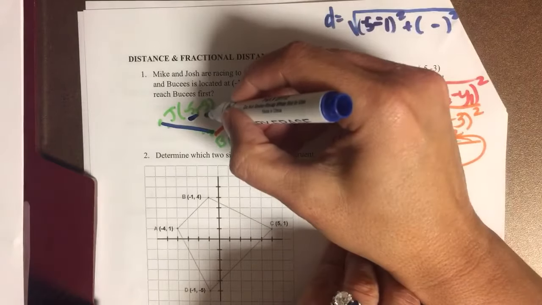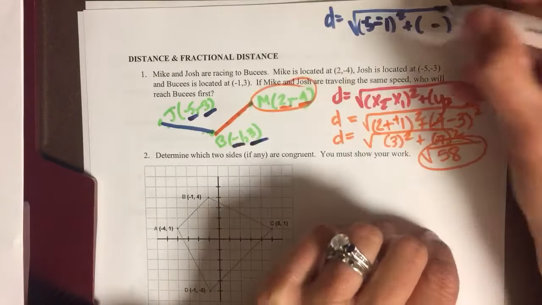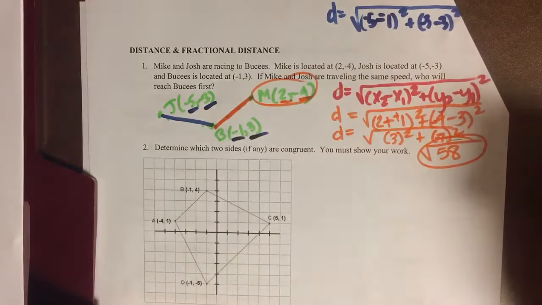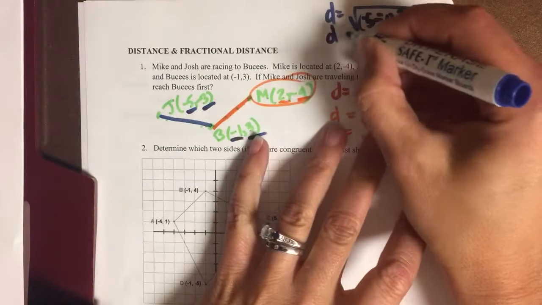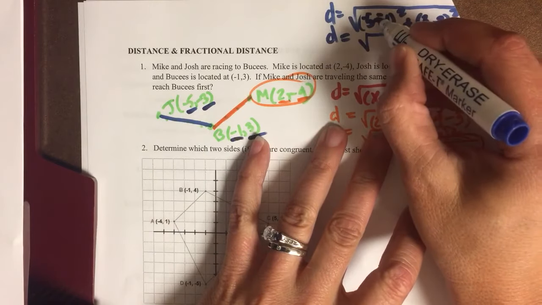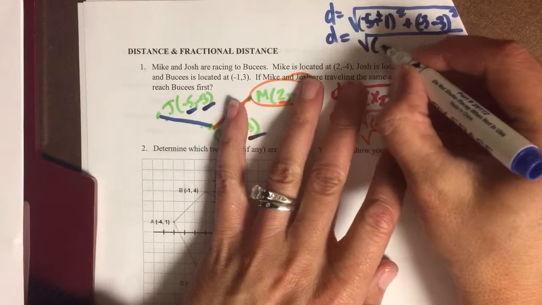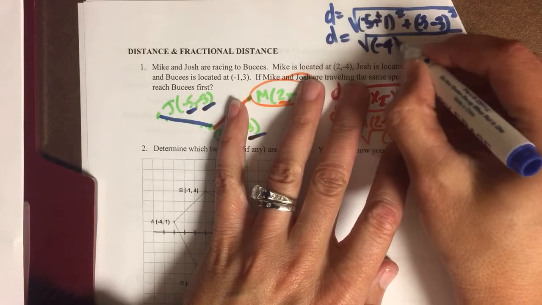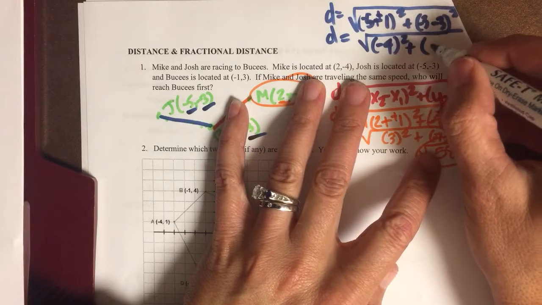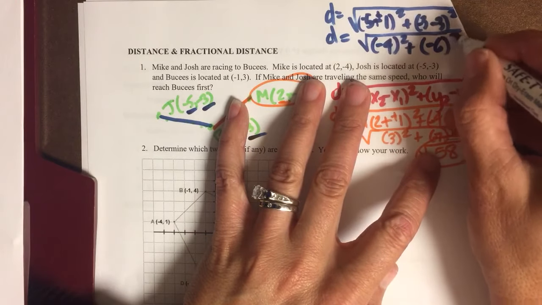And then my 2 y's are -3 and 3. I've got a double negative there. -5 minus -1 becomes plus. So -5 plus 1 is -4 squared, plus -3 minus 3 is -6 squared.